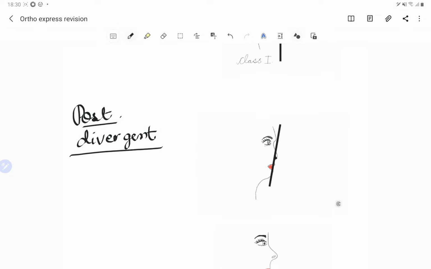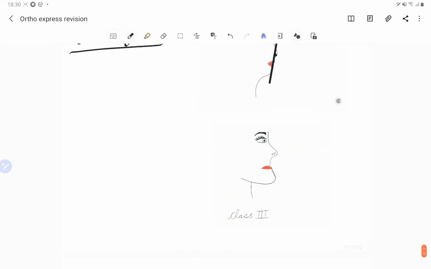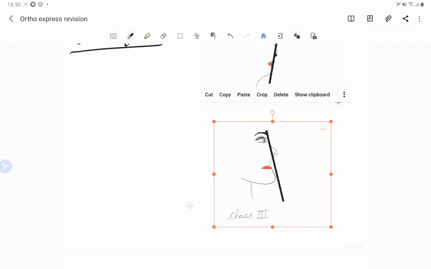Then we have another one, as you can see here, this line is anterior divergent.